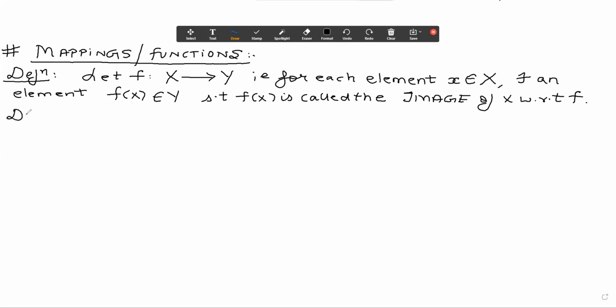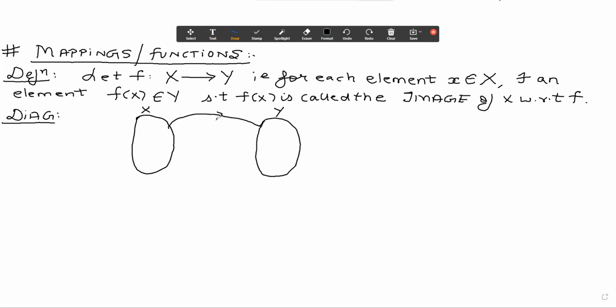So if you want to look at the diagram, two sets, this is capital X, this is capital Y. And f is a function which maps X to Y. That means every element in X is mapped onto an element in Y. So suppose we have x1, x2, dot dot dot xn.